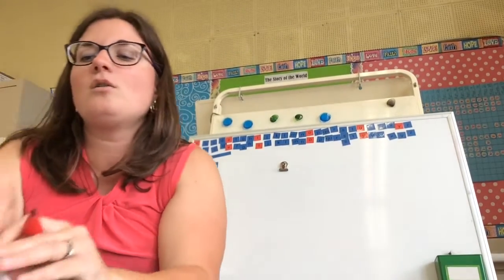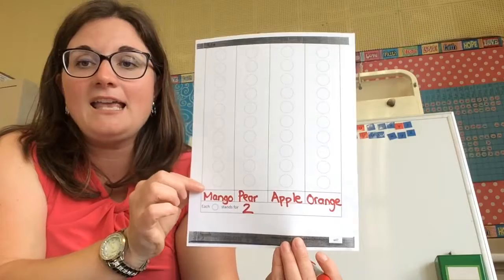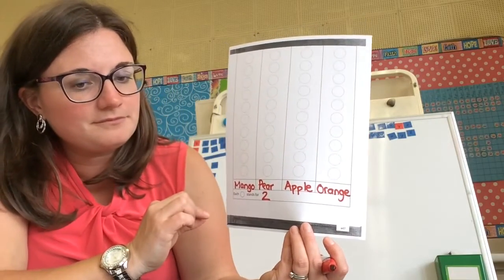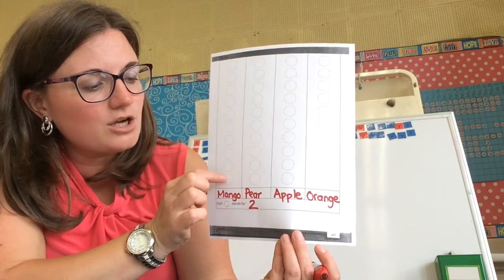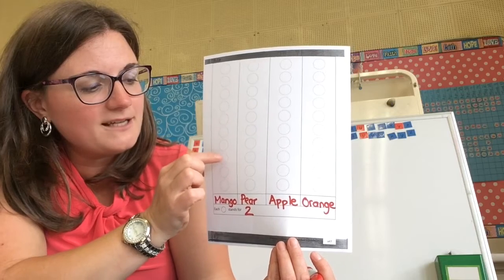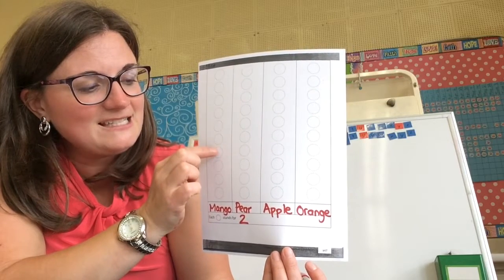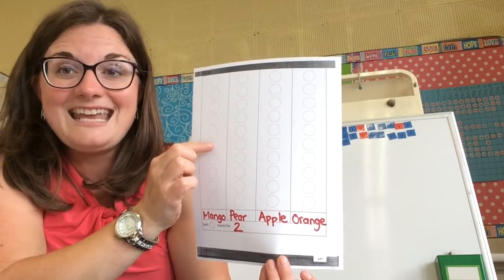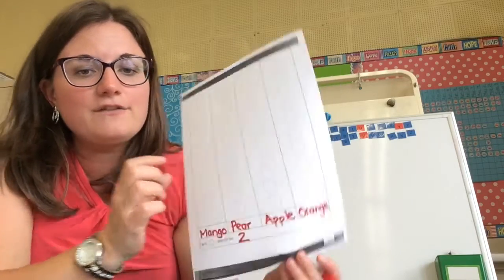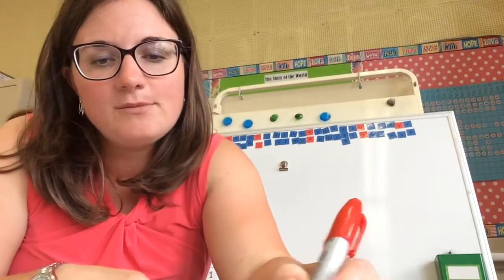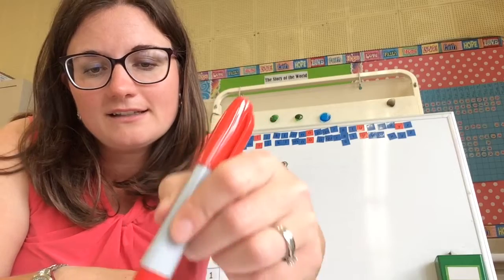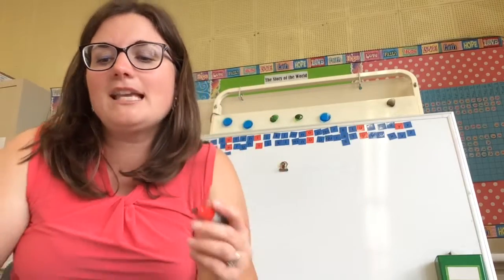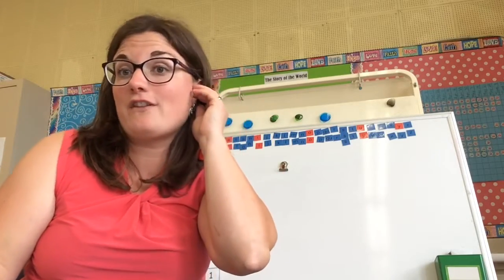Okay, so we're going to count by 2s. So we're going to go 2, 4, 6, 8, 10. And then because we have 11, we'll color half of 1.